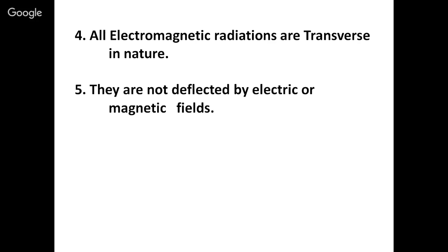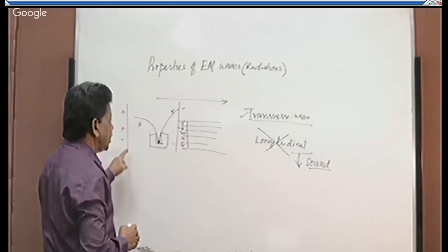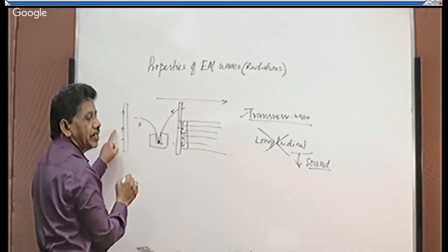They are not deflected by electric and magnetic fields. There are certain radiations which we call alpha rays, beta rays and gamma rays. In radioactivity, you might have studied, if you have a radioactive sample placed in a lead box and you apply an electric field, alpha rays will be deflected towards the negative plate, and beta rays will be deflected towards the positive plate.